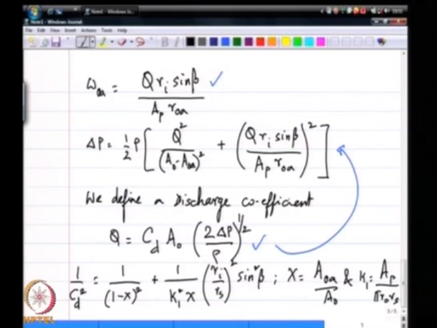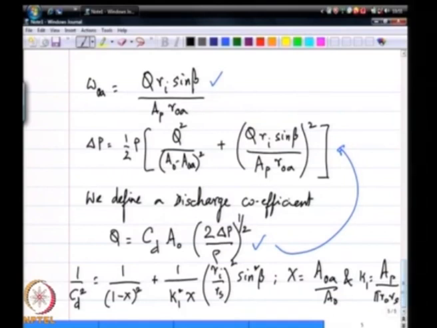X is A0 a divided by A0, which is like the fraction of the cross sectional area that is occupied by the air core. X is physically the fraction of the cross sectional area that is occupied by the air core.